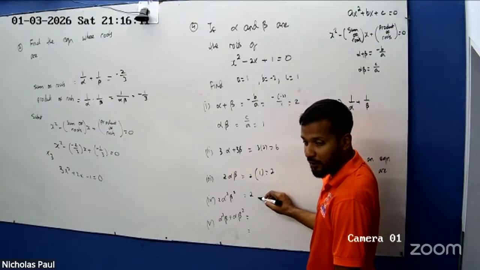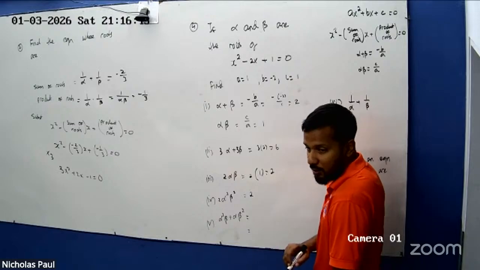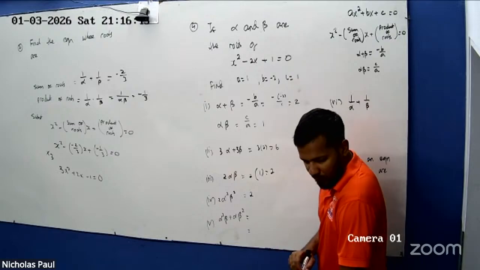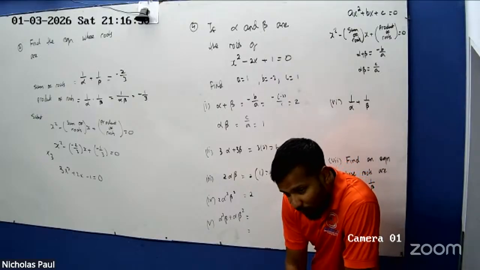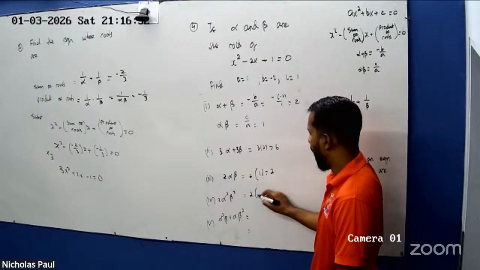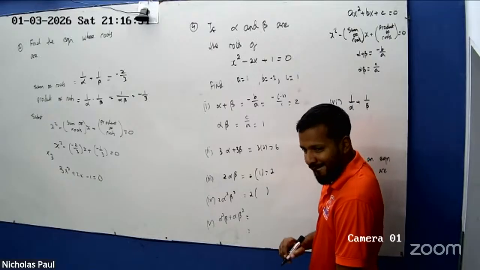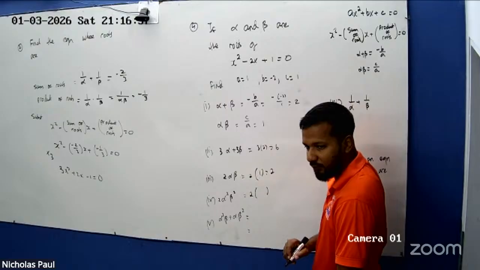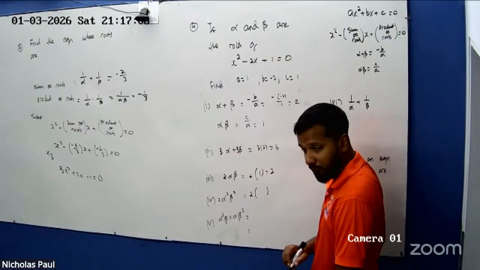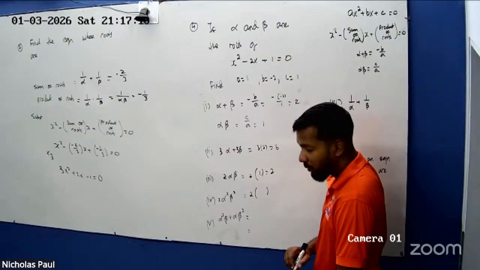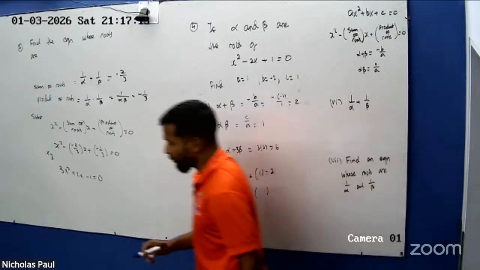Watch backward. Wrote it down. How you got alpha squared beta squared?